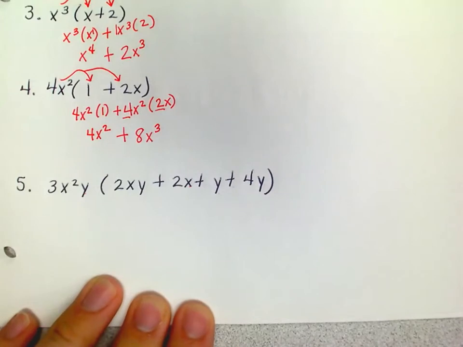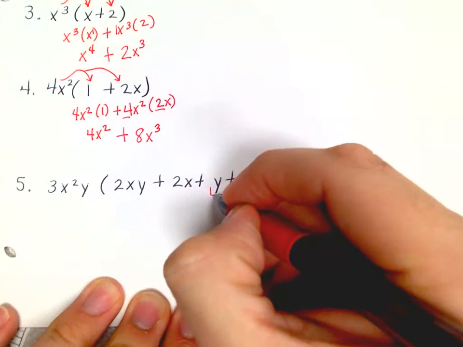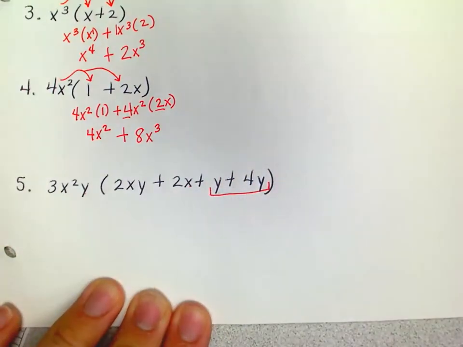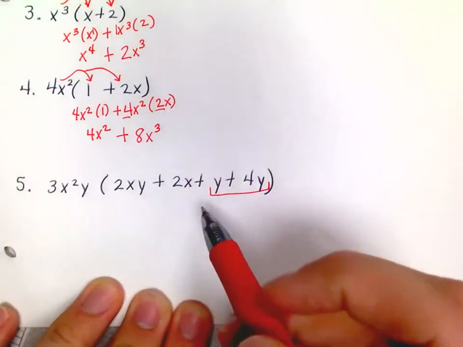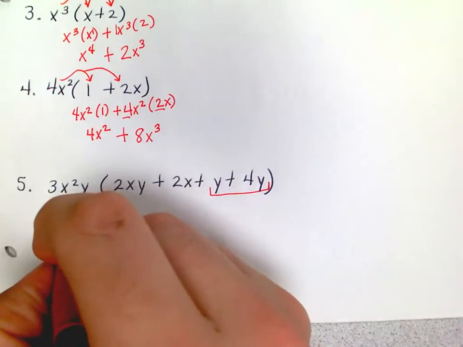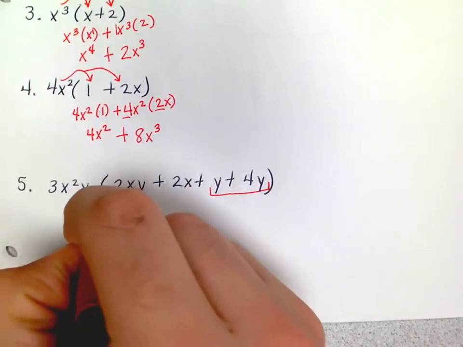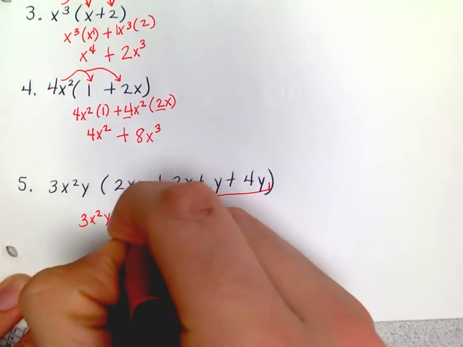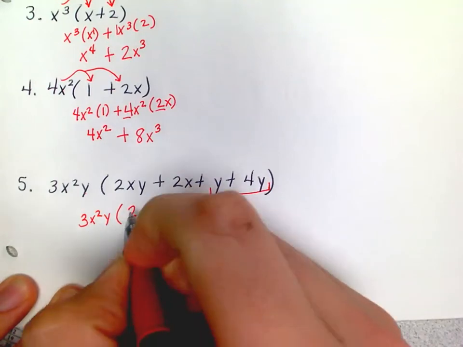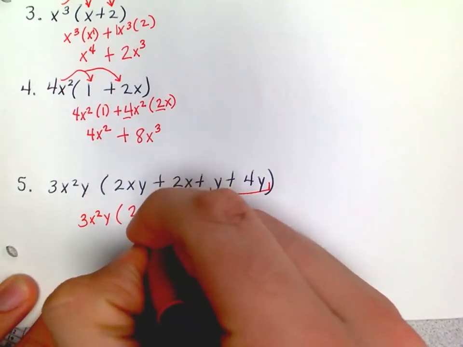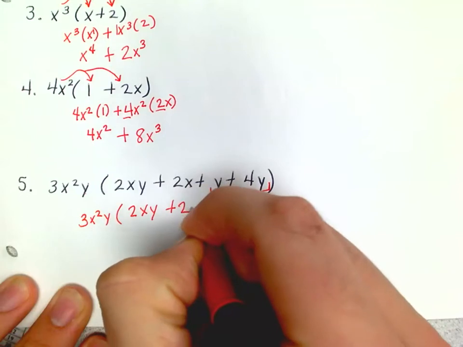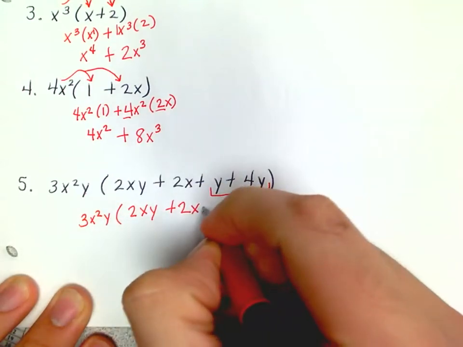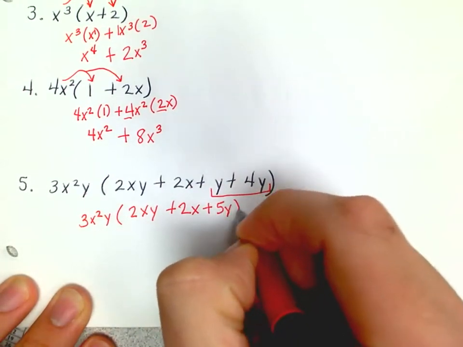Well, one thing I might do first is combine this right here, because that's just going to help us in the long run. We can go through and distribute anyways, but combining these might be a bit simpler. So we have 3x squared y times quantity 2xy plus 2x. Okay, and we combine those, we're going to have 5y.